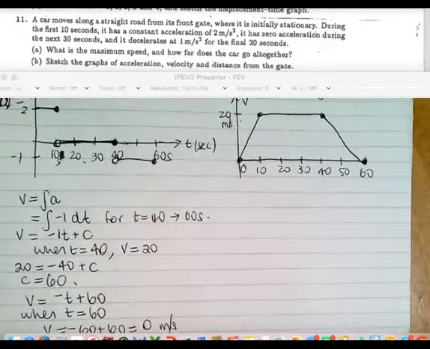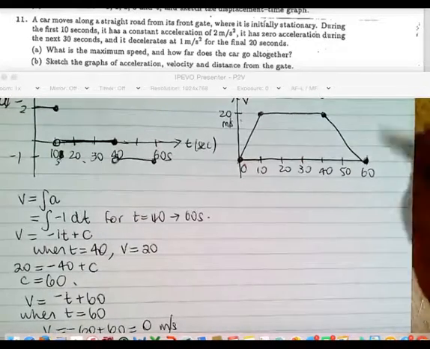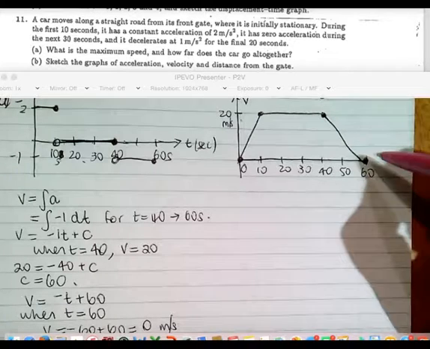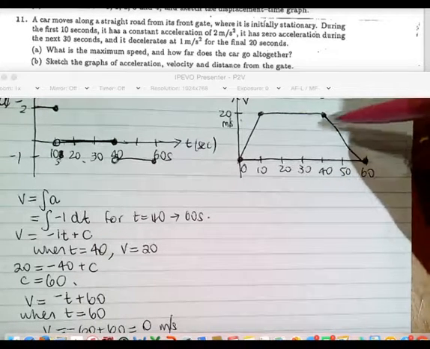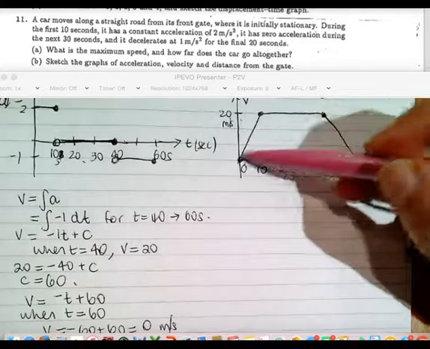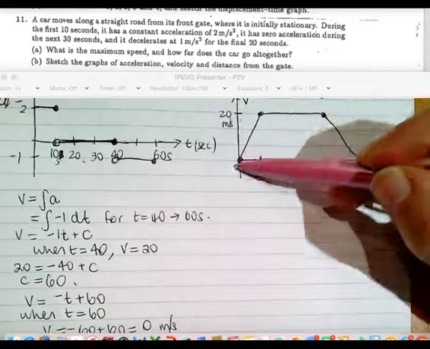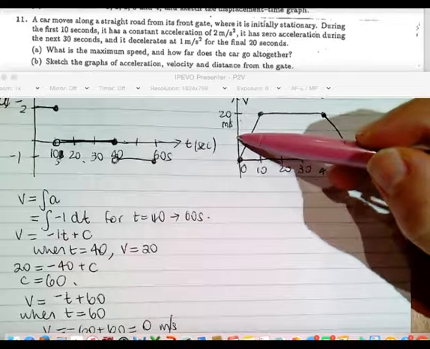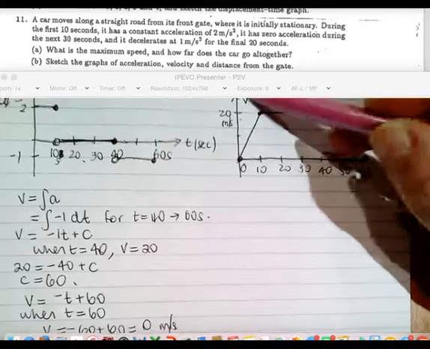Okay, now notice that the particle stops at time equals 60. And we know it's decelerating, so it's going slower. See here it's speeding up. Here it's at 20 meters per second, but here it might be traveling at, say, 10 meters per second. Here it's traveling at 20 meters per second, because this is velocity.